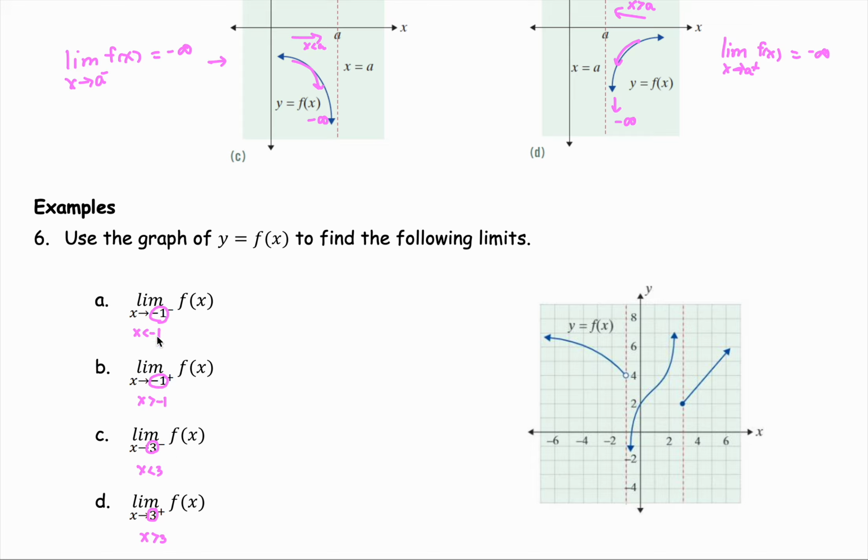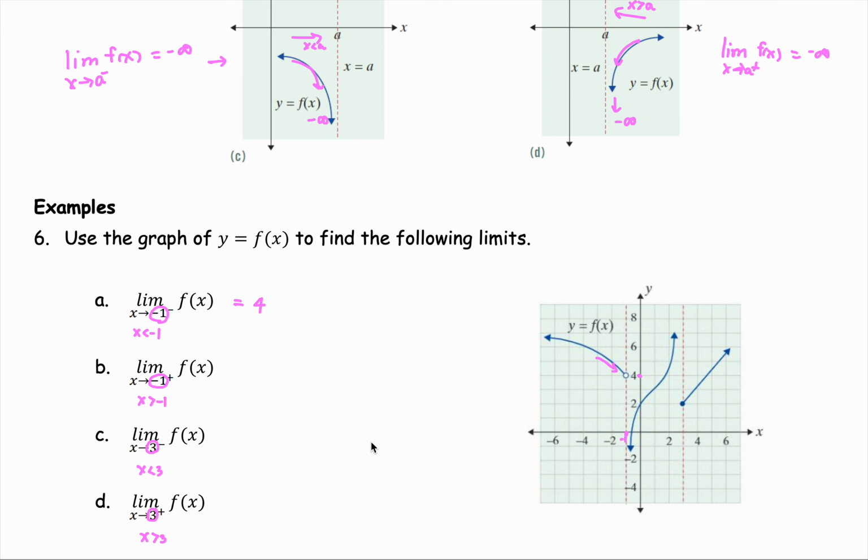And then we're going to look at the trend, or the direction, of the function value, or the y value. Okay, let's start with negative 1. Negative 1 is right here. In part A, we look at the left-hand limit because it's the negative side, so we look at the left part of the graph. As x approaches negative 1 from the left, the function value y approaches the value 4.